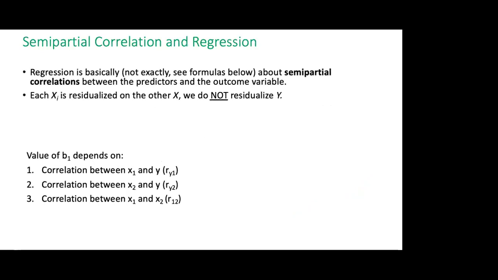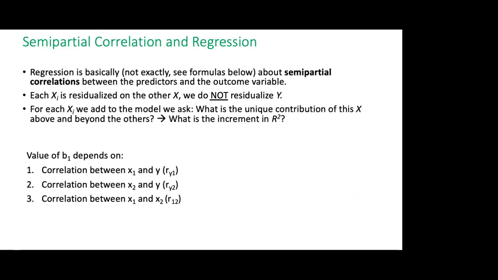So how exactly is semi-partial correlation related to regression? Regression is basically, not exactly, but basically about semi-partial correlations between the predictors and the outcome variable. That means each predictor is residualized on the other predictors, but we do not residualize y.